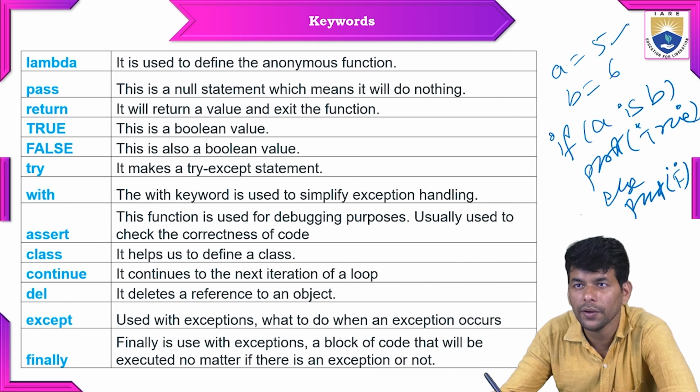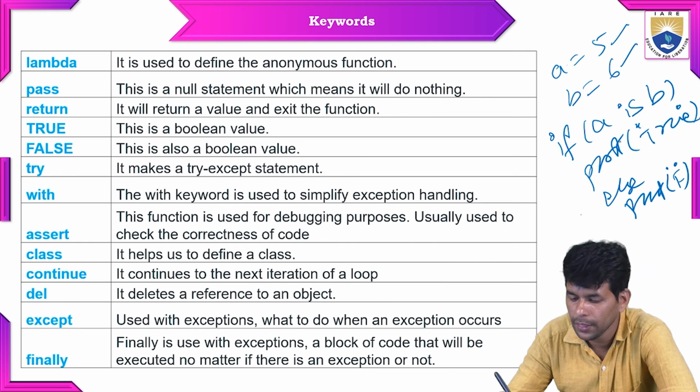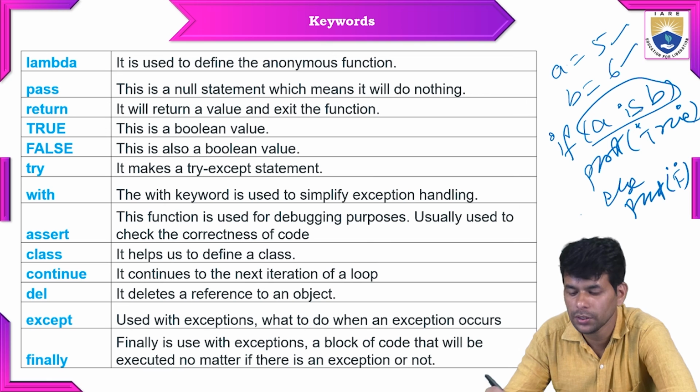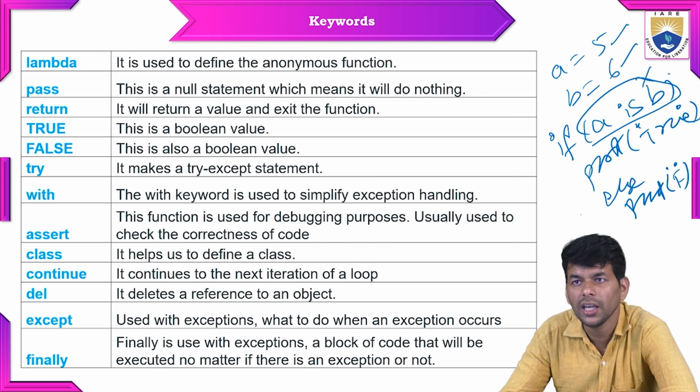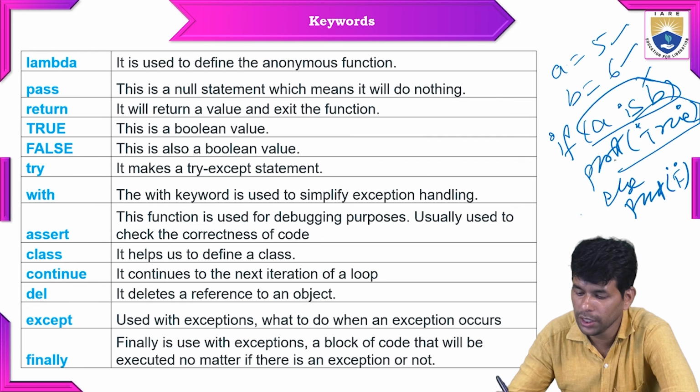A is value 5, b is value 6, a is b. This condition becomes false only. Why? Because a value is 5 and b value is 6. That means 5 will not become 6, and 6 will not become 5. So true will not be printed; else it will print the false value.